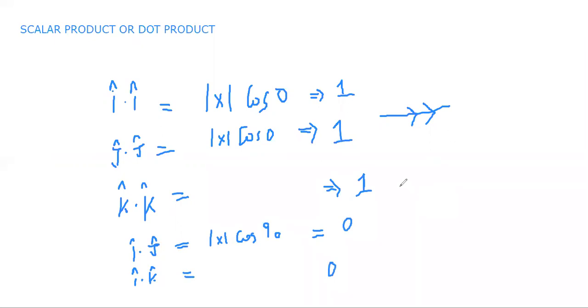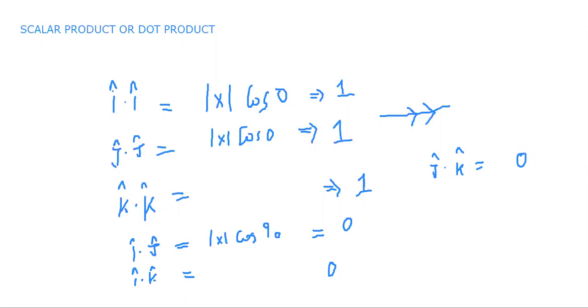Now if I calculate j dot k, the answer would again be 0 because the angle would be 90. So wherever the angle is 90, it would be 0 because cos 90 becomes 0. So when orthogonal unit vectors are made dot product with themselves, you will get 1, otherwise you will get 0 in every case. Only in I dot I, j dot j, and k dot k will you get 1. In every other dot product of these unit vectors, you will get 0.